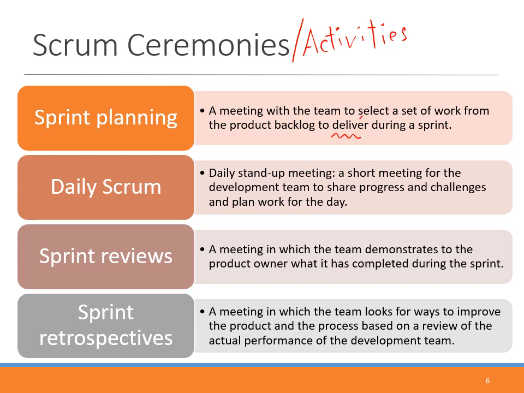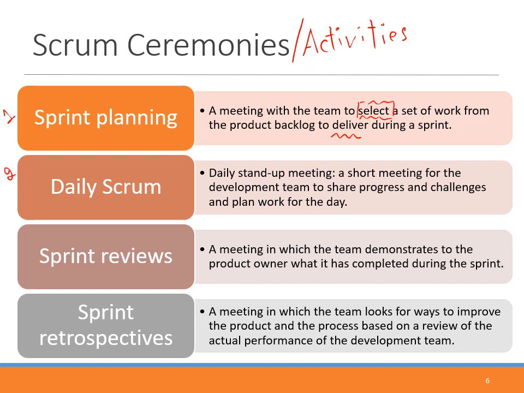So we select a set of work in the sprint planning, and once we select this set of work, we put them all in what we call the sprint backlog.